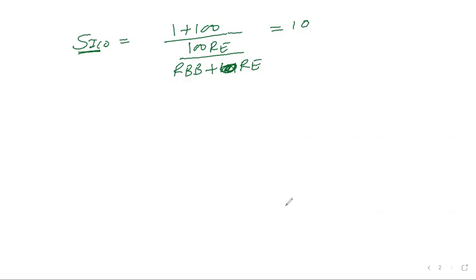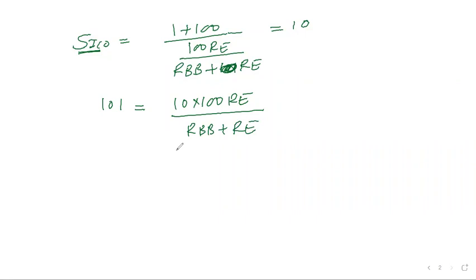So it's 10. When you do this, what will you get? You will get 101 is equal to 10 in bracket, RE divided by RB plus RE. Am I right?